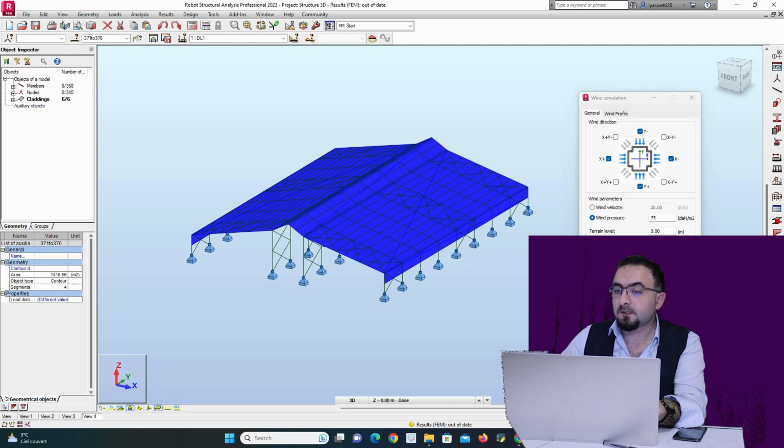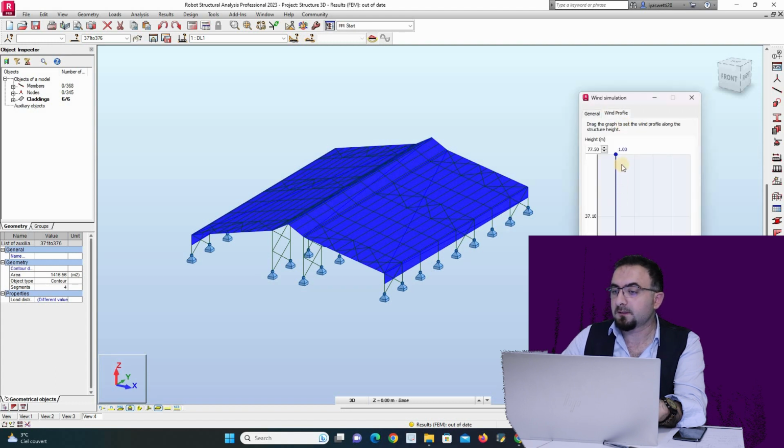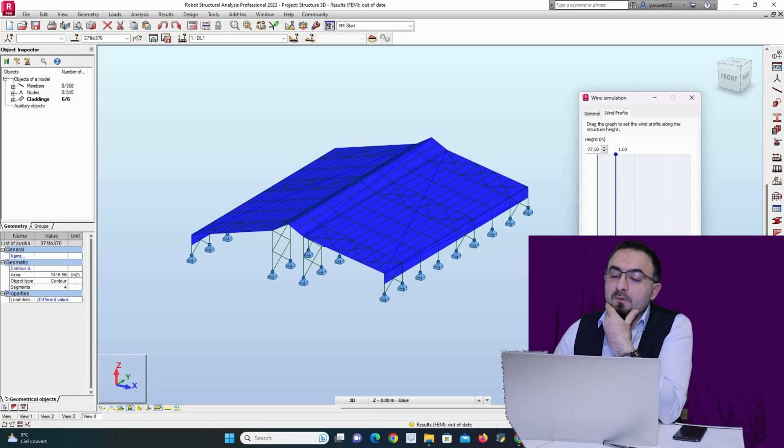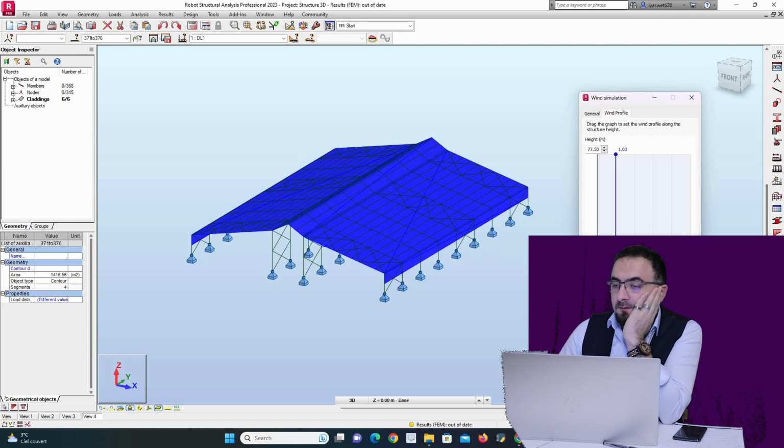If not, I can tell it to take all the elements. For the wind wall, I will leave it in this shape. So I can do a start, for example.